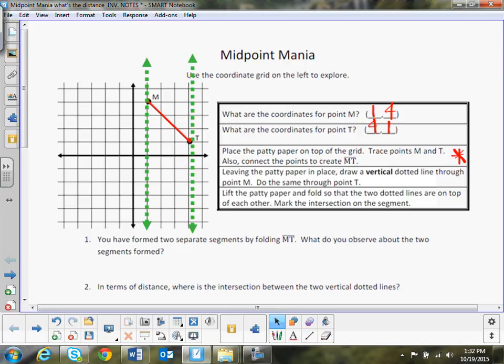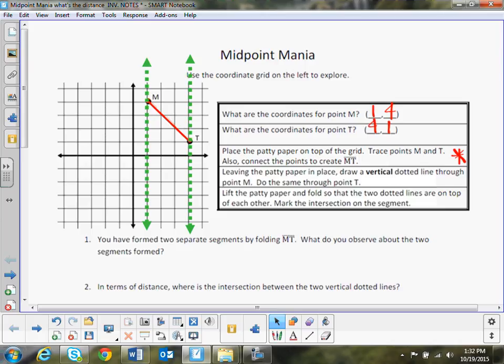Sometimes you'll switch those up. Draw a vertical line like that. Keep it on your grid so that way you can use those vertical lines to help you draw straight. Draw it on the patty paper.